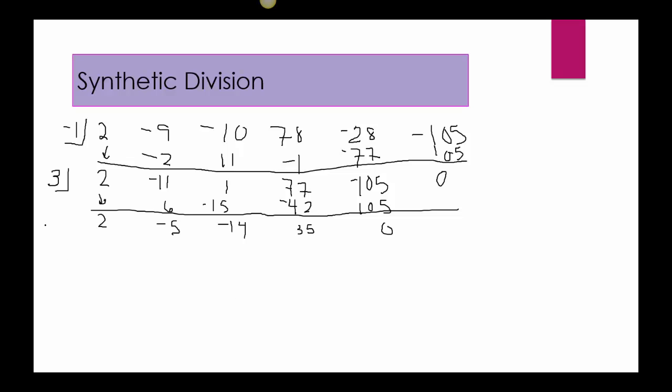I still have one solution left that we found, which was 5/2. So let's put that over here. And I like that this time I'm going to use it as a fraction because on the first part I did it as a decimal. So remember, bring that 2 down. 2 times 5/2 is 5. That gives me 0. 0 times 5/2 is still 0. It gives me negative 14.